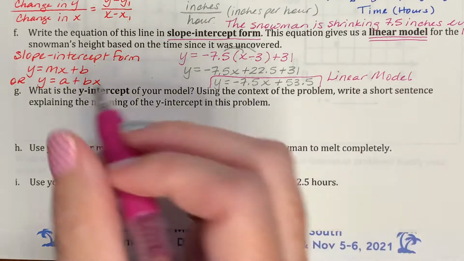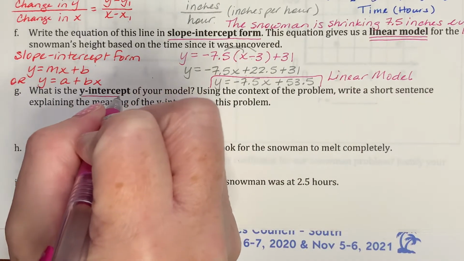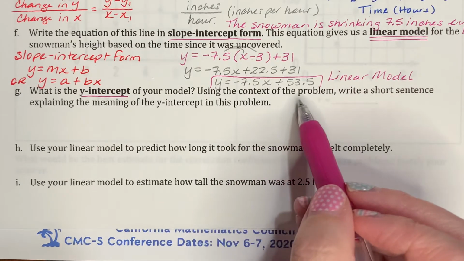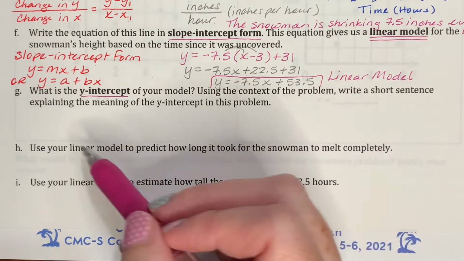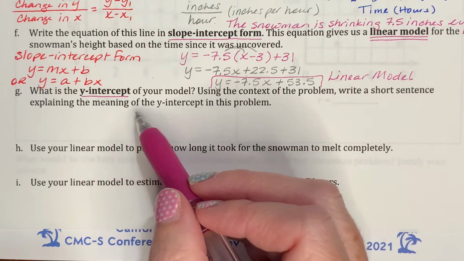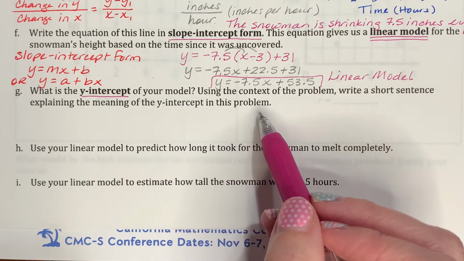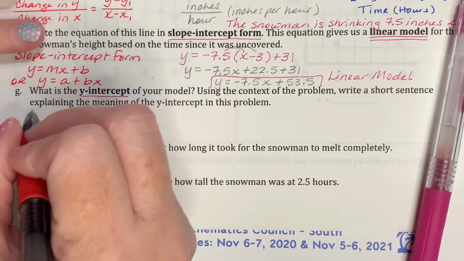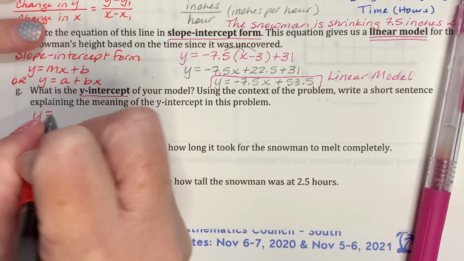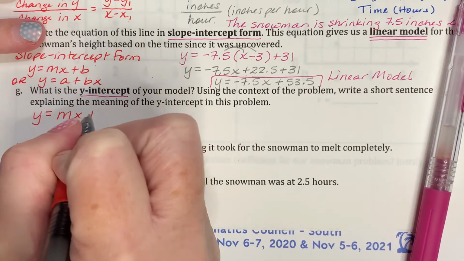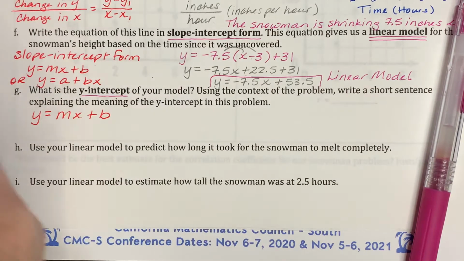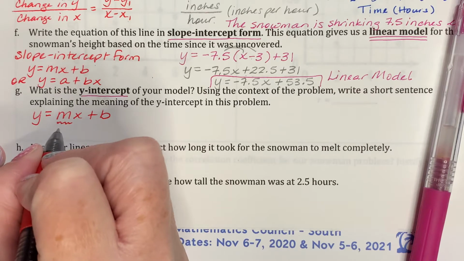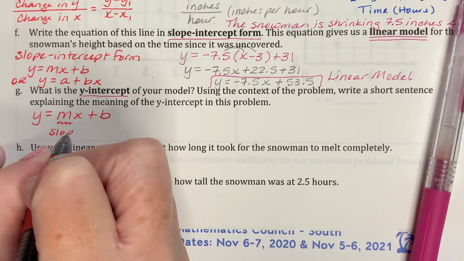What is the y-intercept of your model? Using the context of the problem, write a short sentence explaining the meaning of the y-intercept in this problem. So what is the y-intercept in this problem? So let's look at this again, right? So we're going to look at this form specifically. And already above, we identified that m is my slope, right?